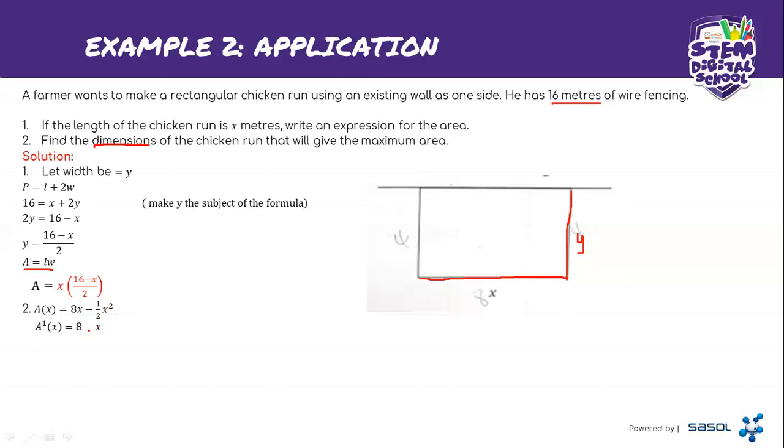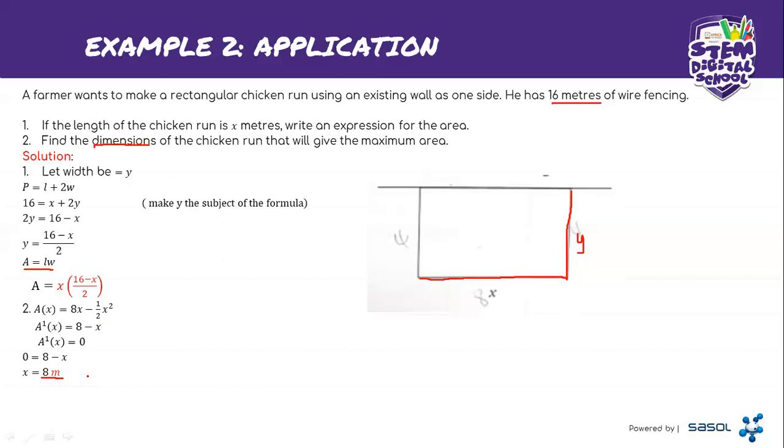Hence we're having minus x. Then after you've done that, you're going to equate to 0 so that you can solve the value of x. Then you just equate to 0, then our value for x is 8 meter.